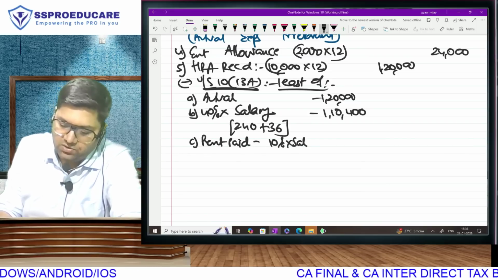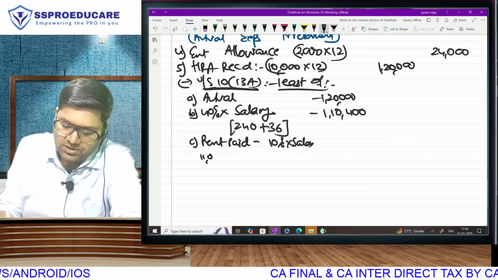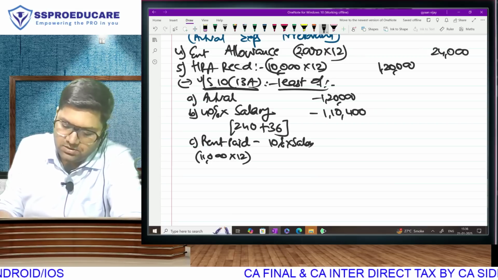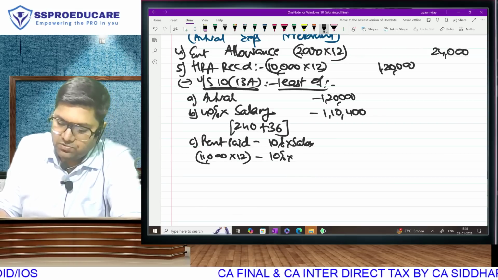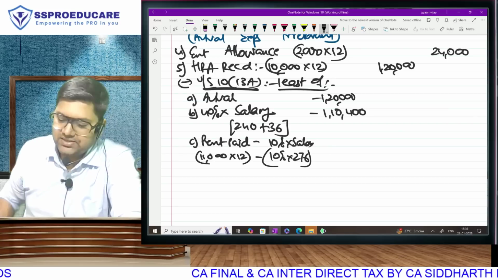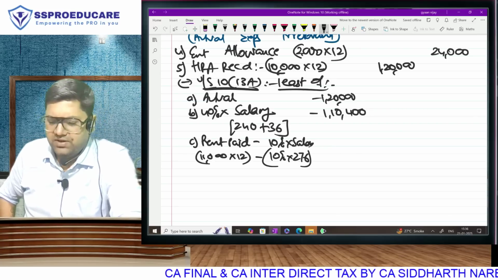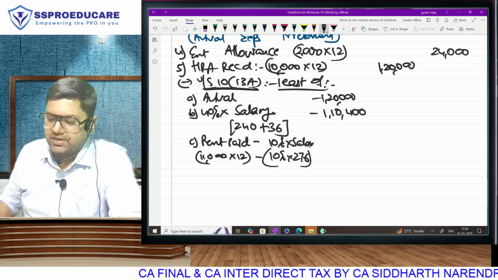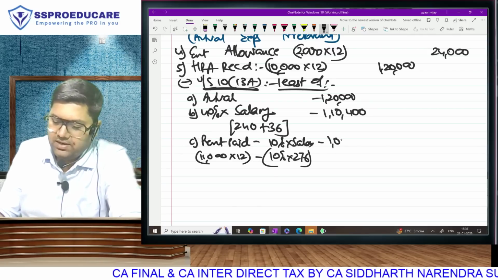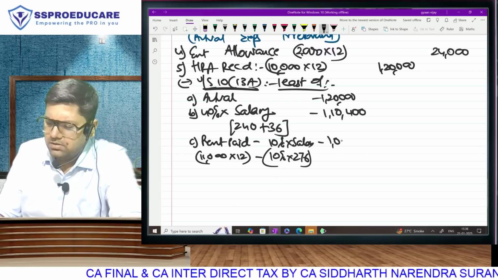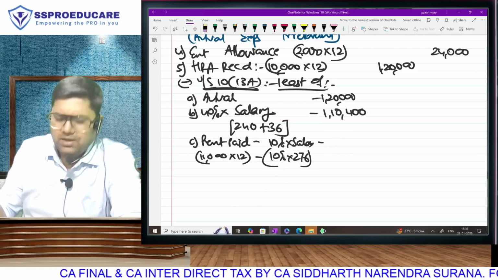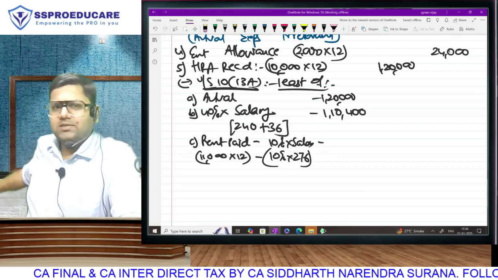So what is the rent that you are paying? 11,000 per month. 1,32,000 minus 10% of salary, 27,600. So 11 into 12, which is 132, minus 27,600.